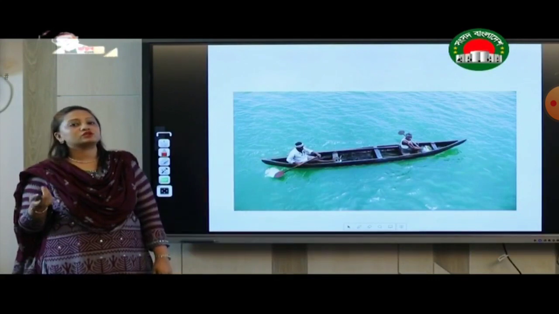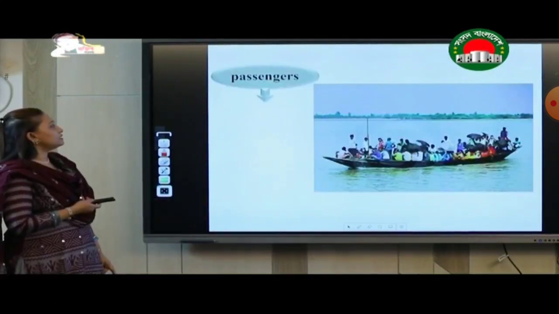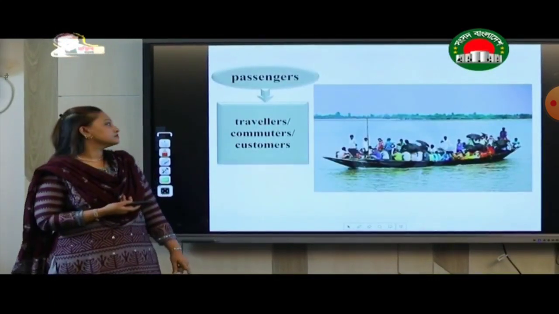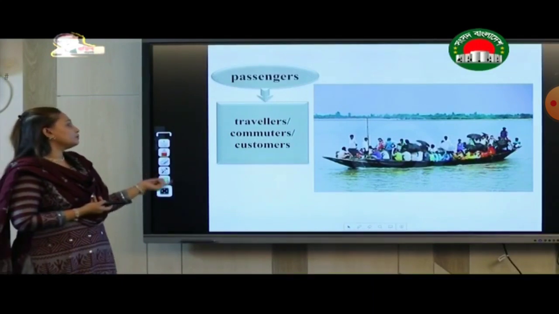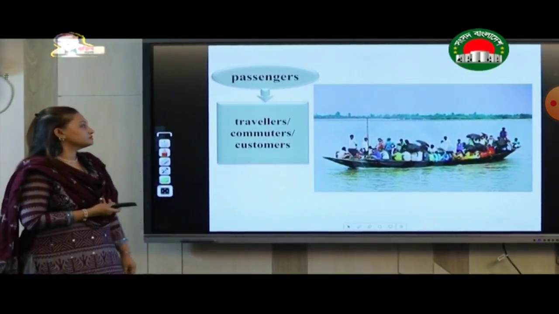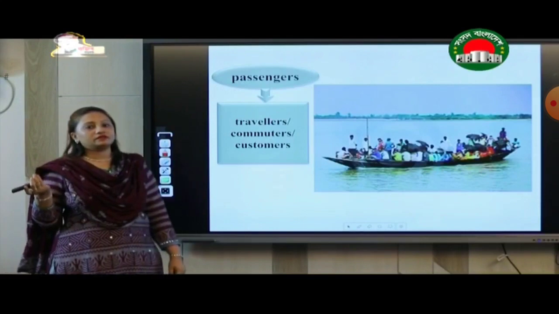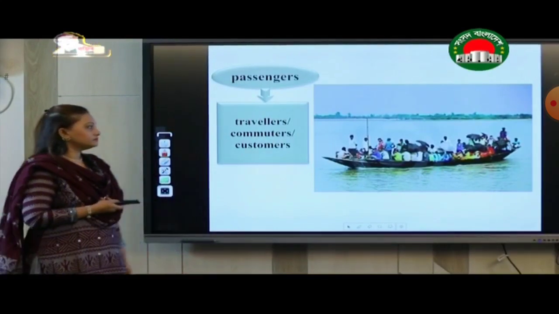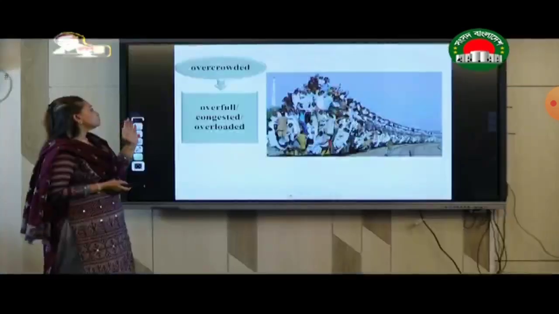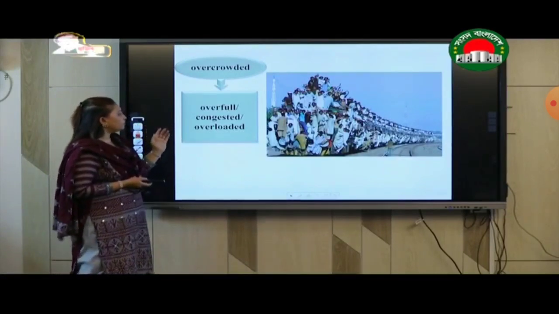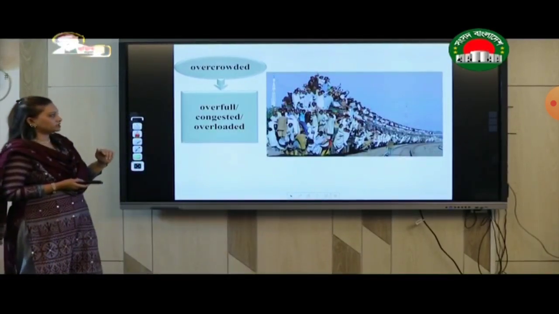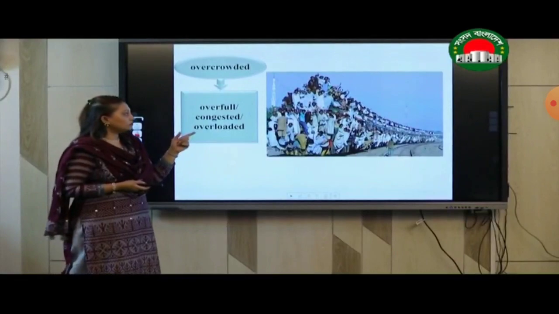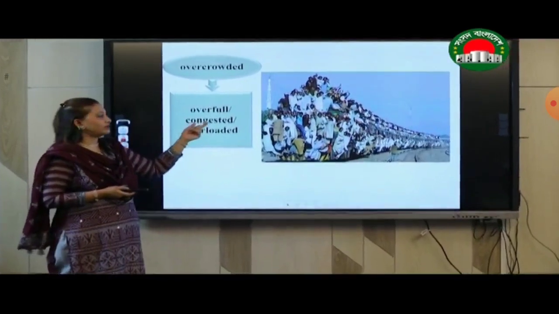In your book, it's page number 42. What is the meaning of passengers? Travelers, commuters, customers. If you can, write down the meanings as well. What is the meaning of overcrowded? Overfull, congested, overloaded. So there are lots of people, they are smiling.